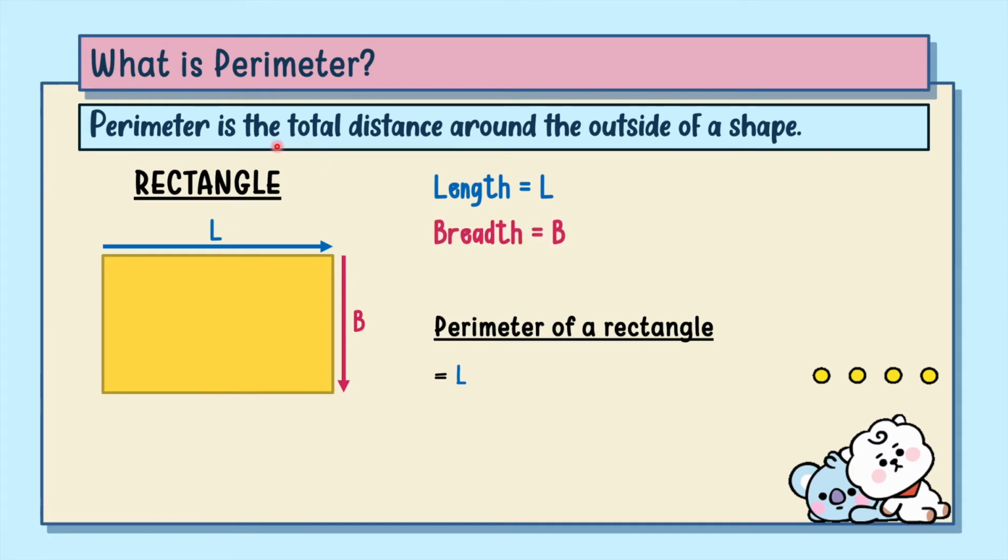Because remember, perimeter is the total distance. Next, I will go forward and then stop here. So this is also named as L, which is length. So plus L. And then for the final one, I go upwards. So plus B. So this is my formula to find perimeter of a rectangle.